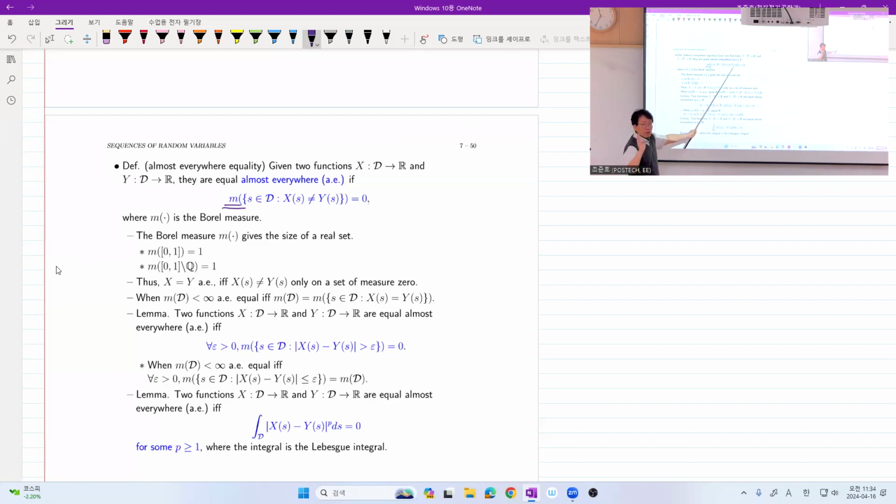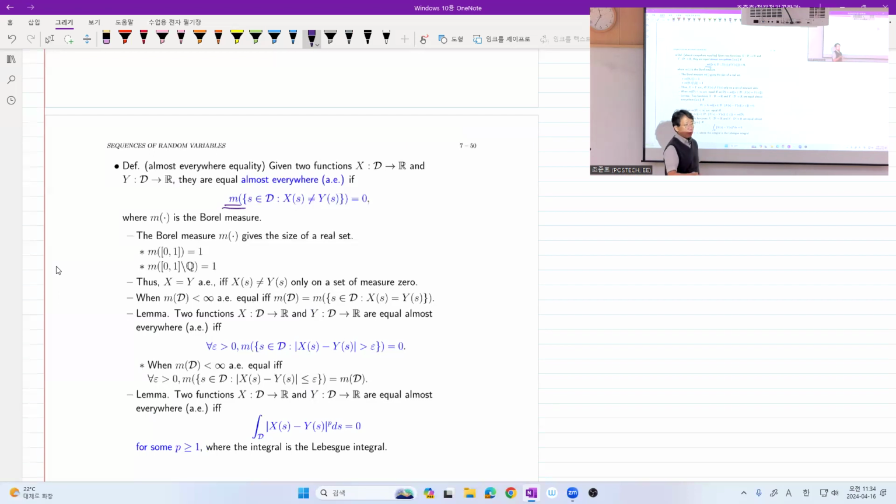And second, we measure the size of that set. If the size is 0, then we are happy. And you may say, how can we measure the size? That depends on the various definitions, but one of the ideas is to use the Lebesgue measure of the set.